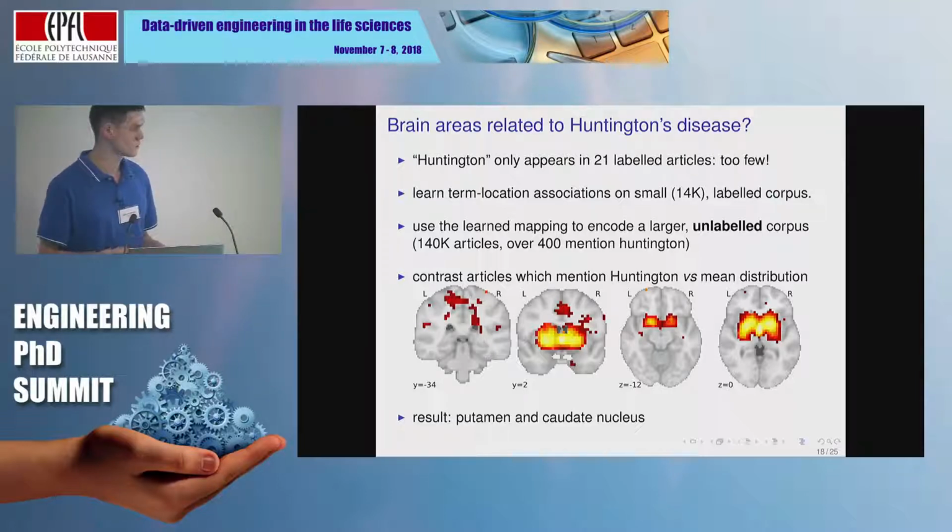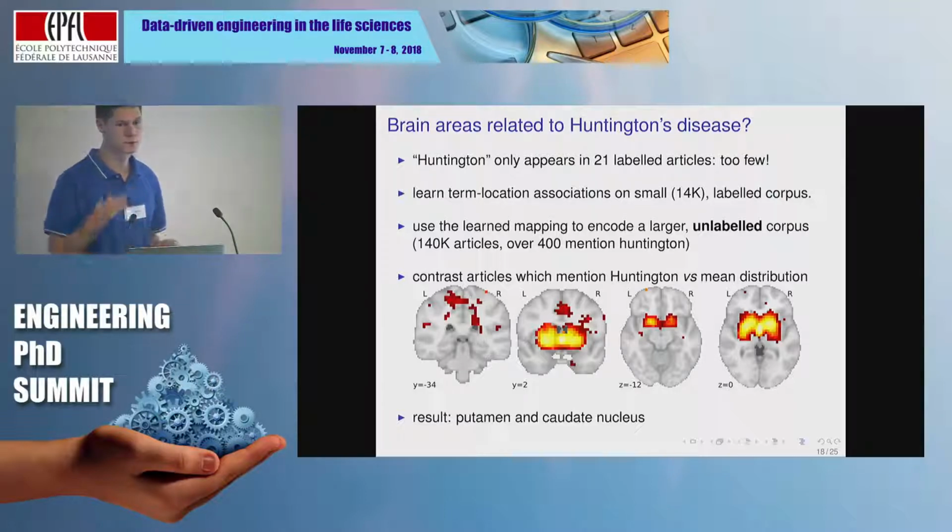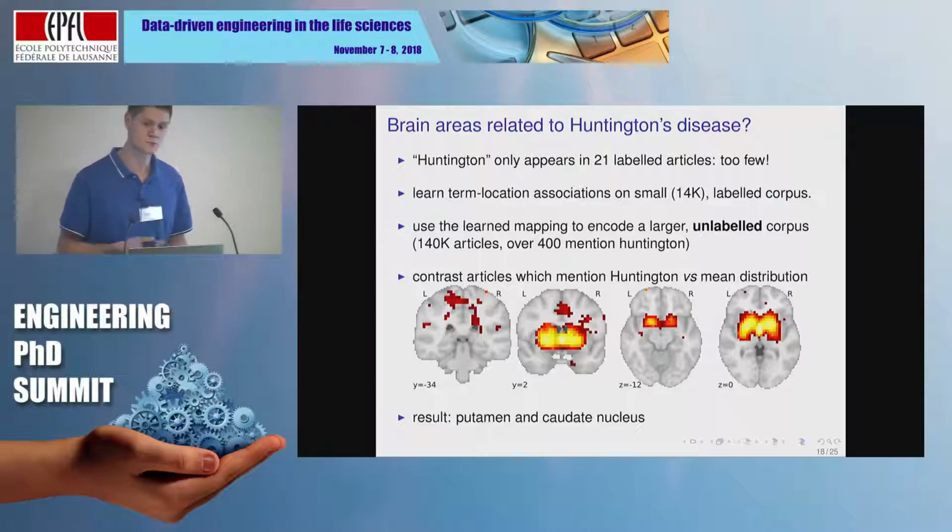In these, we will find more that discuss Huntington's disease. And then using the model that we have trained on our labeled corpus, we can map this large amount of unlabeled articles to brain space, and then contrast the distributions of the predictions for articles that mention Huntington's against the mean distribution.